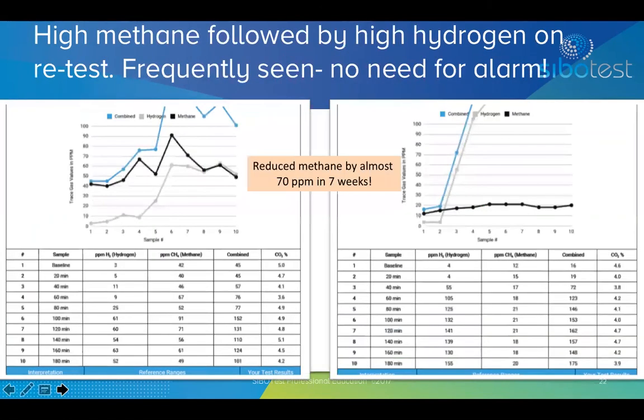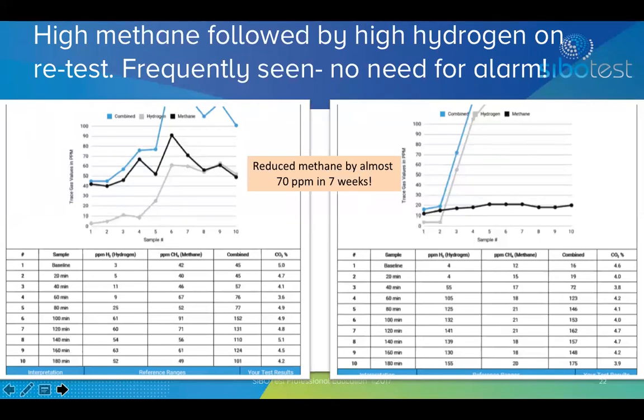This is also another really important concept that you can see shifting methane and hydrogen levels on retest. So high methane followed by high hydrogen on a retest. This is frequently seen and not cause for alarm. And let me explain that a little further.